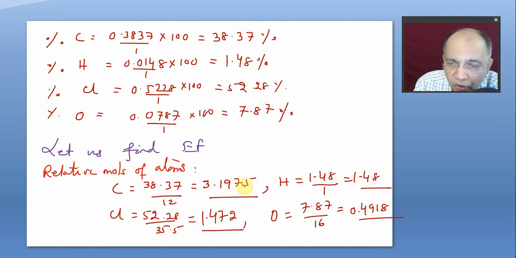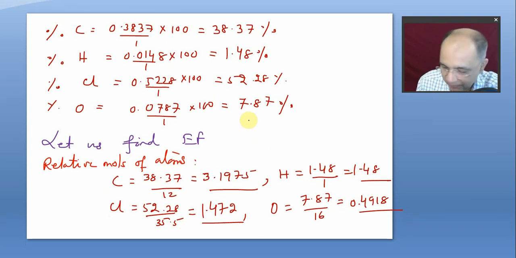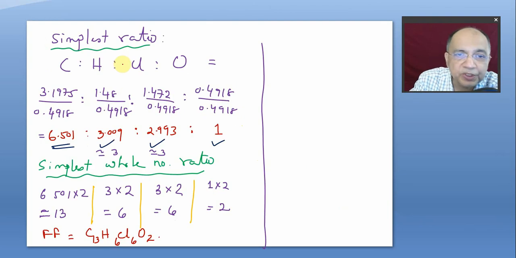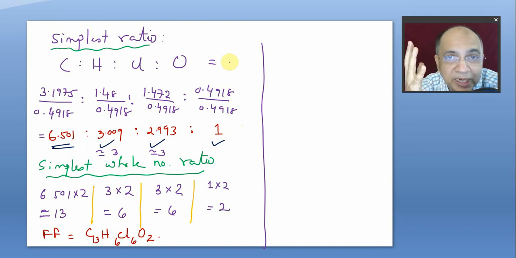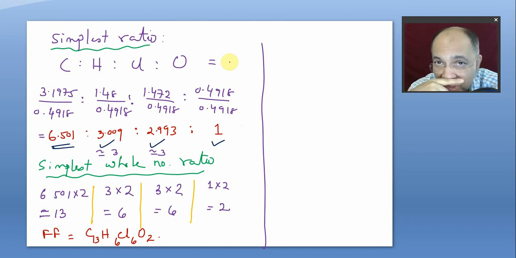So let us divide all these figures by 0.498918. That I have done. Have a look. Carbon, hydrogen, chlorine, oxygen. I could have drawn a table, in the same pattern that we discussed, but I ignored that and did it without any tabular form.